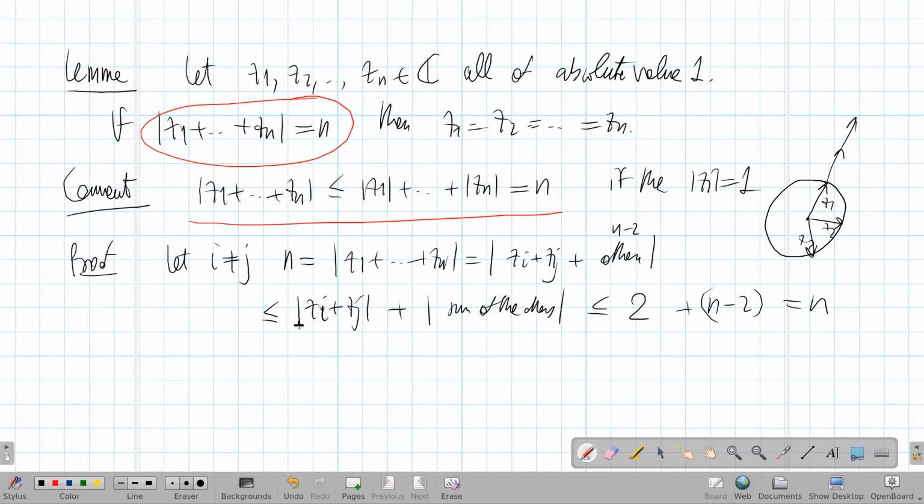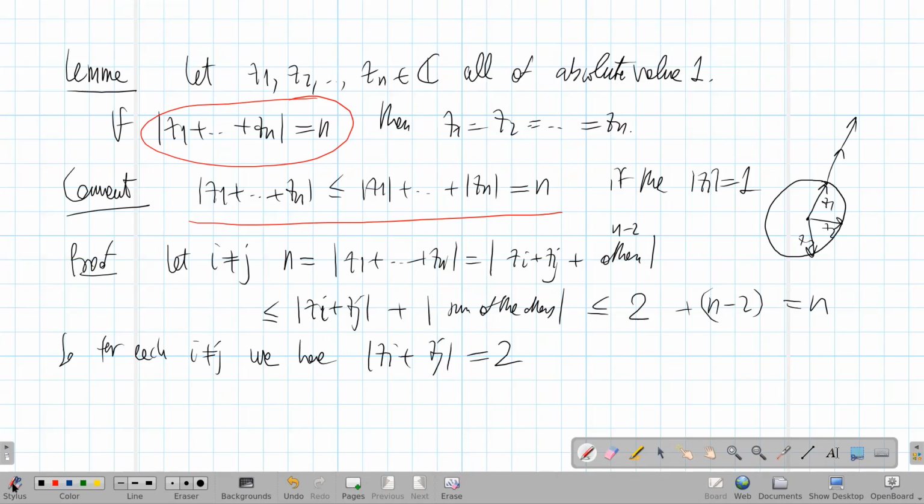So for this sum to have absolute value n, you need that for each pair of distinct indices i and j, the sum zi plus zj has absolute value exactly 2. I think it's clear. If in this inequality you have a strict less than, then this won't reach n. So for each i different from j, we have the absolute value of zi plus zj equal to 2.